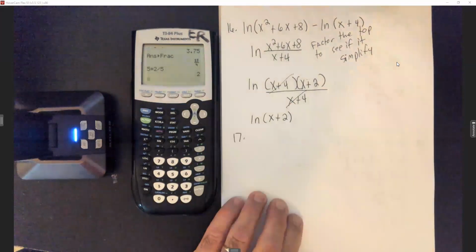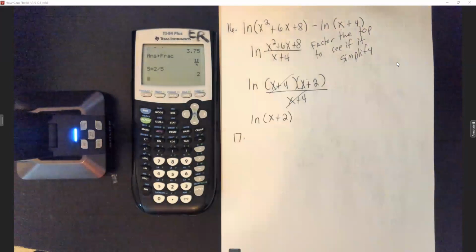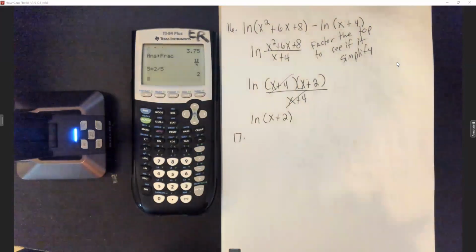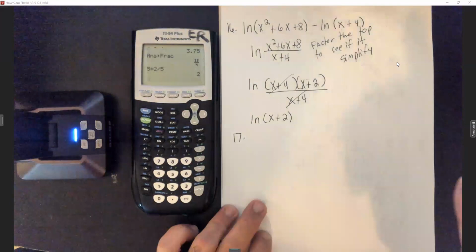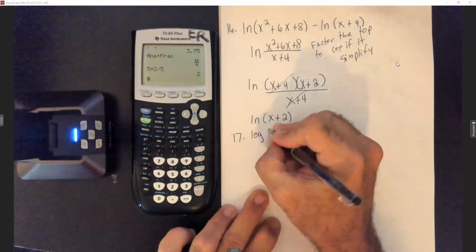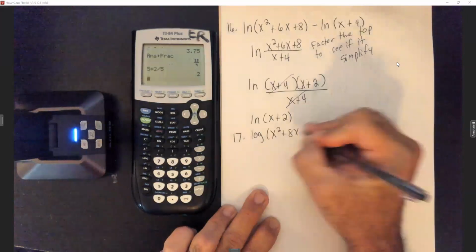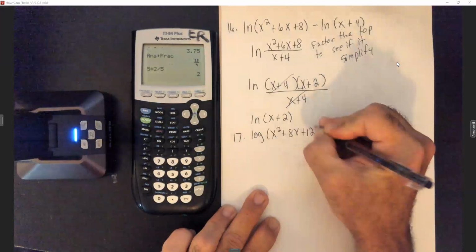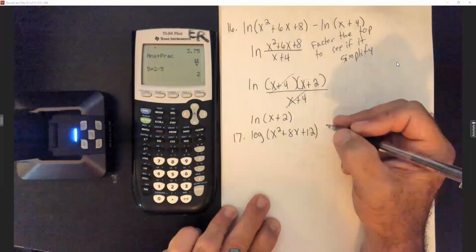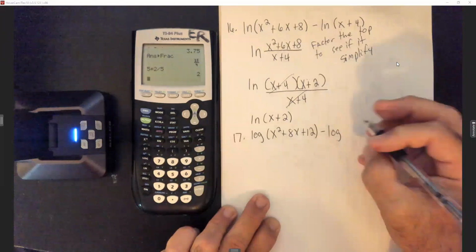Oh, here's another good one. So we're trying to keep you honest on your factoring, I guess. So this one has a log of x squared plus 8x plus 12 minus a log of x squared minus 36.